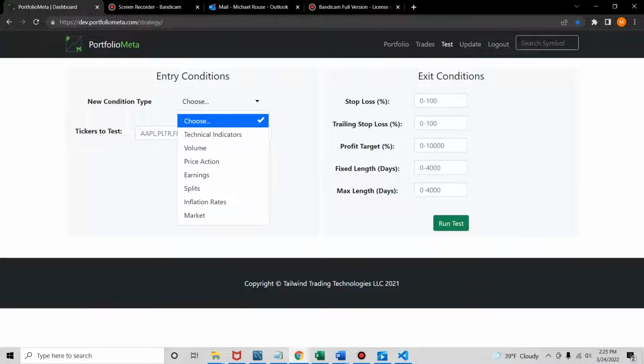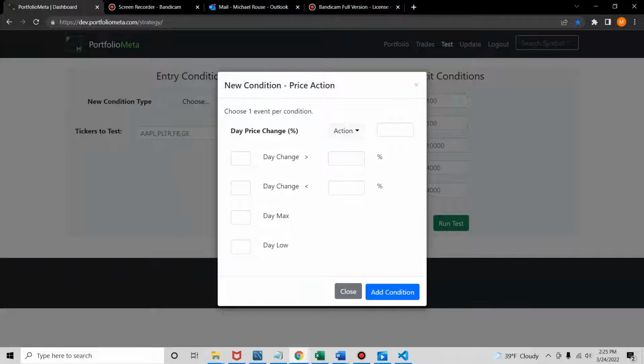So there are multiple different options you can choose based on technical indicators, volume, price action, earnings, splits, inflation rate, so you can see how a stock does while inflation is around a certain number, and then there are also market conditions as well. So what you do is you create a condition. We'll create a new price action condition.